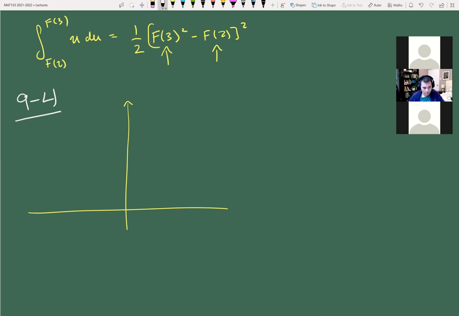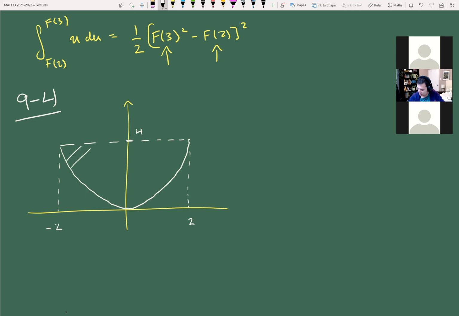So let's begin by drawing our region, right? And so this here will be -2. This here will be +2. And the region bounded by x squared and y equals 4.